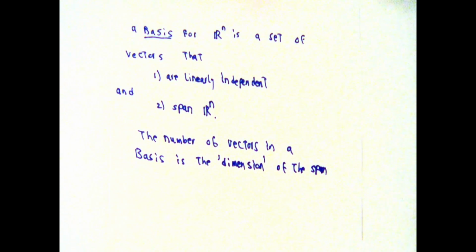Number 1, they're linearly independent. There are no unneeded vectors. Secondly, they span Rn. If I have a basis, it's possible to prove, although I'm not going to here, that any basis has the same number of vectors in it. That number is called the dimension of the span, or as we'll be saying, the dimension of the space that we're working in.